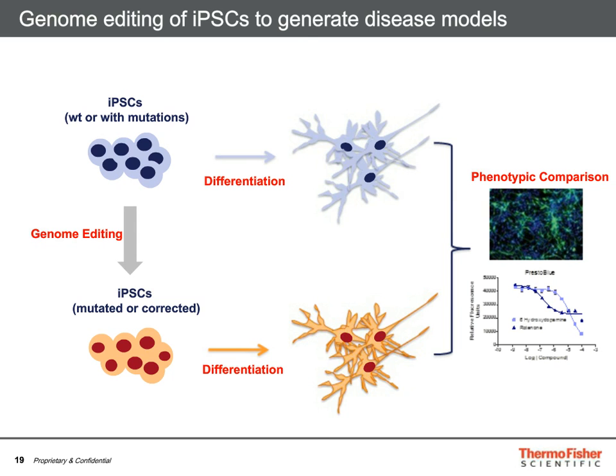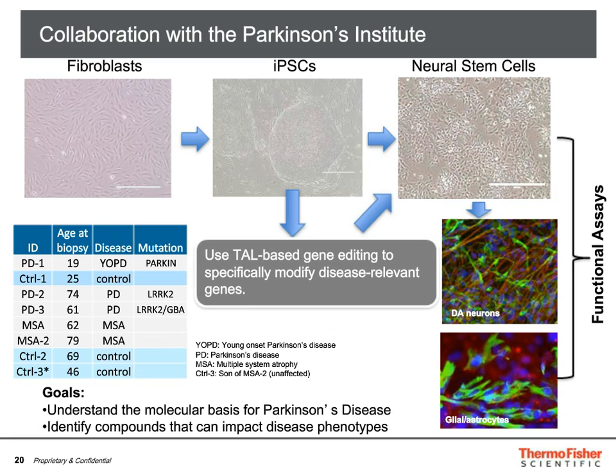To exemplify this, we did a collaboration with the Parkinson's Institute a couple of years ago. In this case, we took some biopsy samples from several different patients with different types of Parkinson's syndromes. And these are fibroblasts. We reprogrammed these into iPS cells.